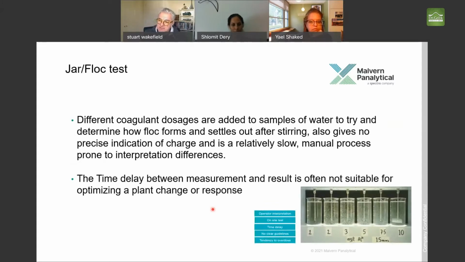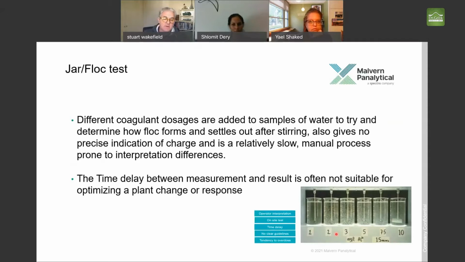The diagram that you can see down here on the bottom right is probably very familiar to a lot of people, but effectively you take a sample of water and you add to each of those beakers or jars a certain amount of chemical, whatever your chemical of choice is, or combinations of chemicals.